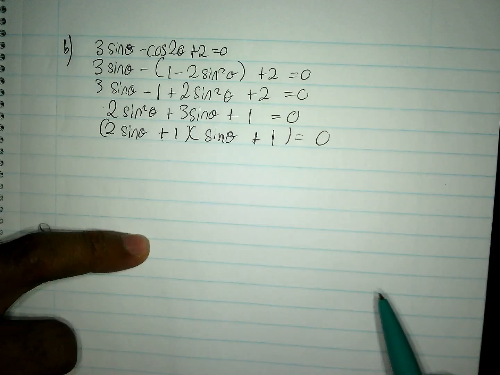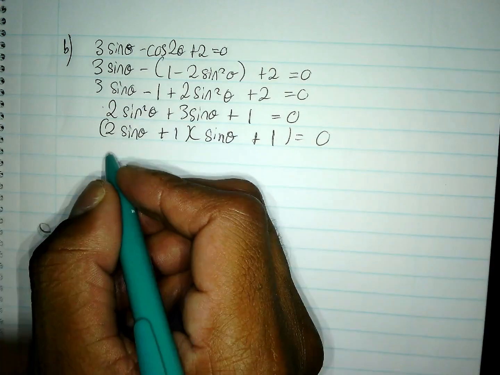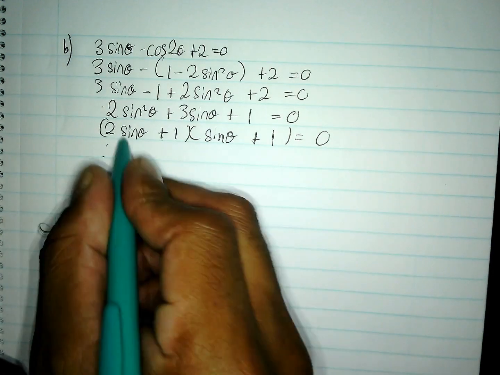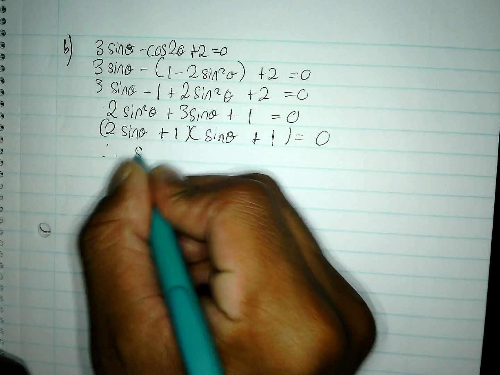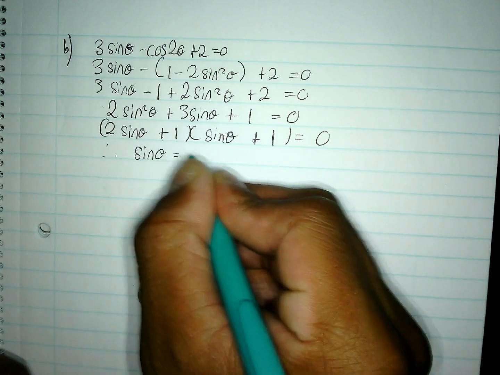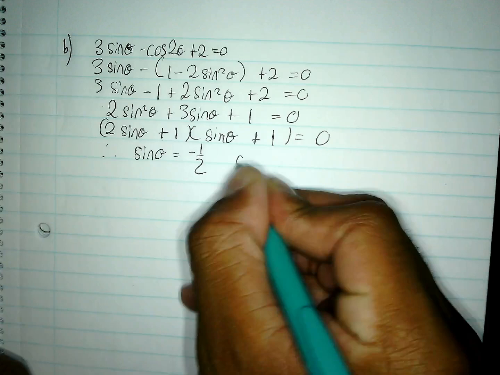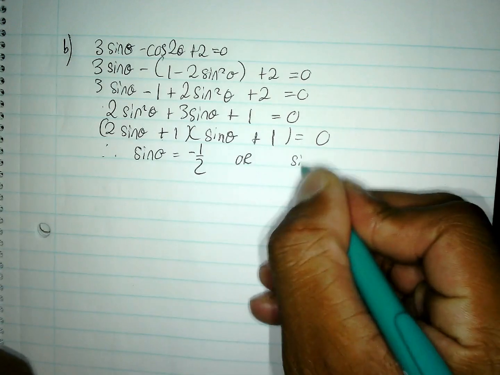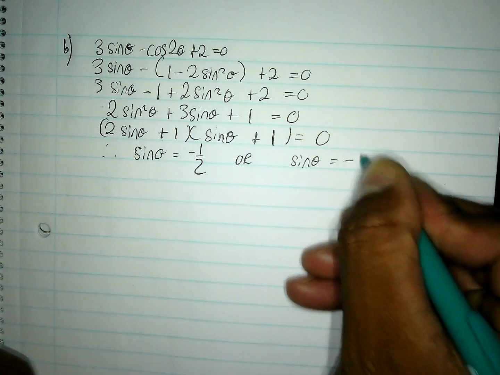Then we solve: sine theta is equal to minus 1 over 2, or sine theta is equal to minus 1.